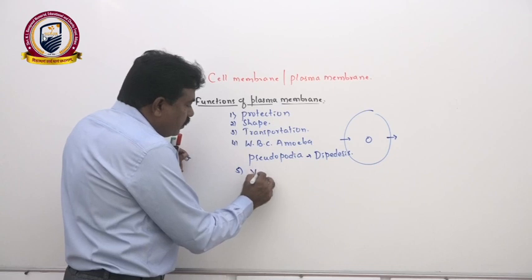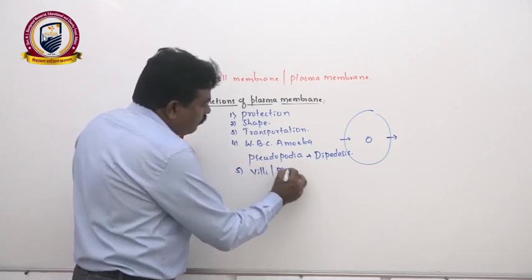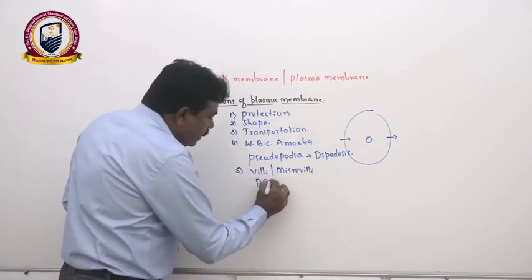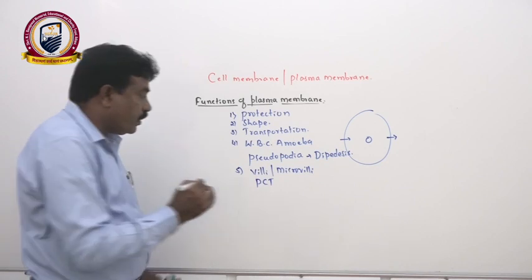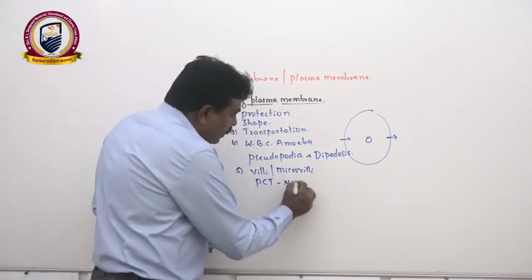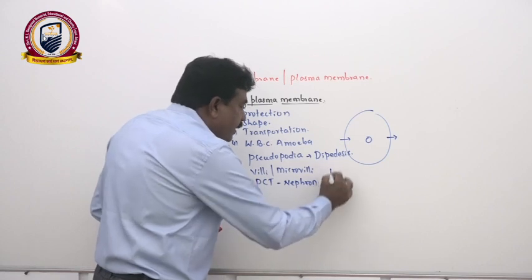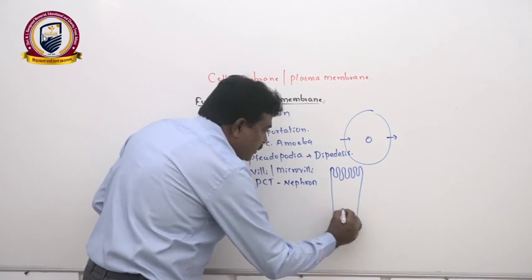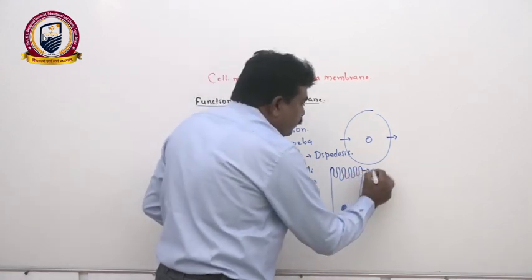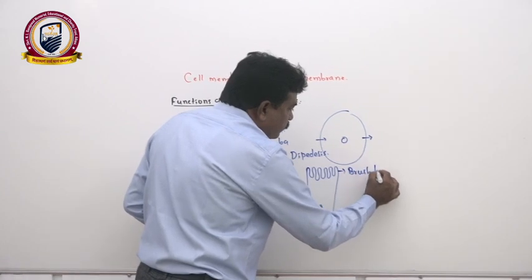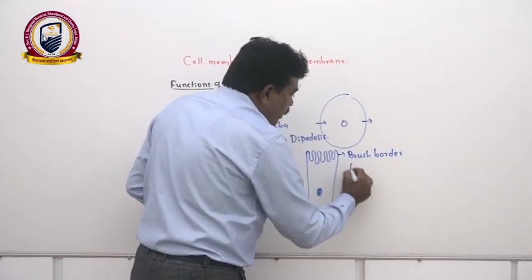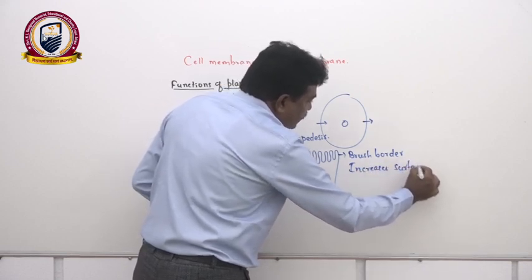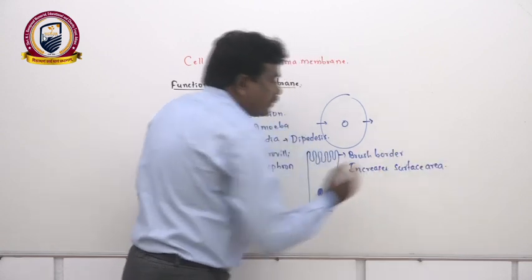And we know the villi or microvilli found in the small intestine, as well as the proximal convoluted tubule, PCT, of the nephron. Here the plasma membrane is modified to form a simple folding, and that specialized folding we call brush borders. That brush border increases the surface area for absorption.